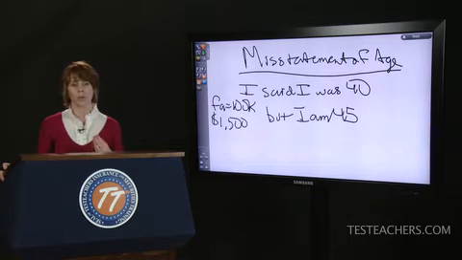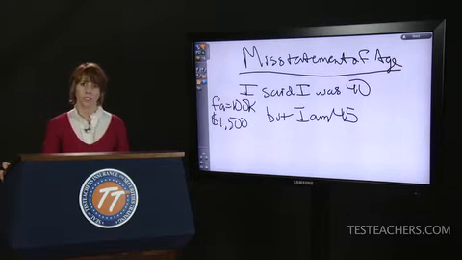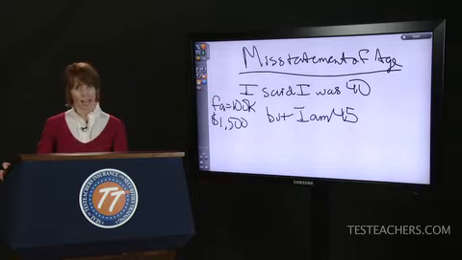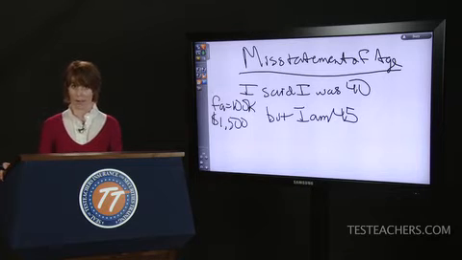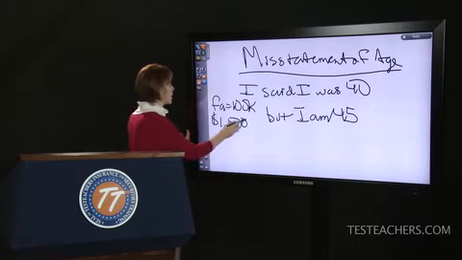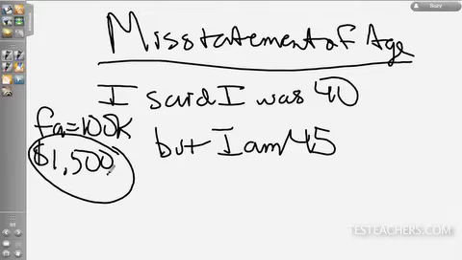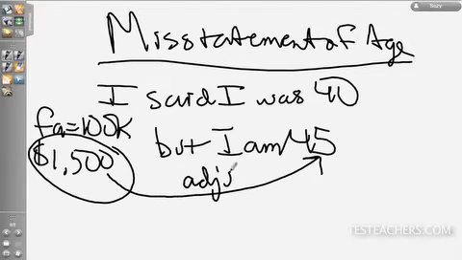So what happens when someone lies about their age is the insurance company has collected my premiums for all these years. The only thing the insurance company can do at this point, because now I'm dead, is take my premiums and use them at the correct age, and they will adjust my face amount.